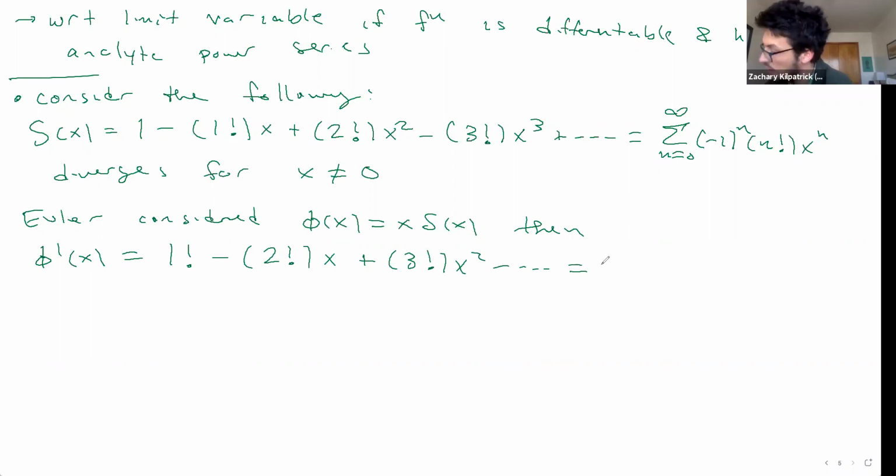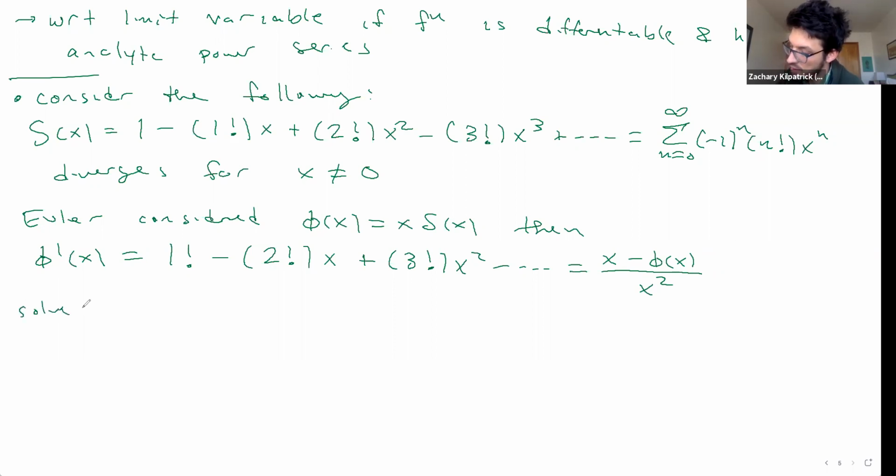This is also equal to x minus phi of x divided by x squared. So now I have a relationship between phi and its derivative.